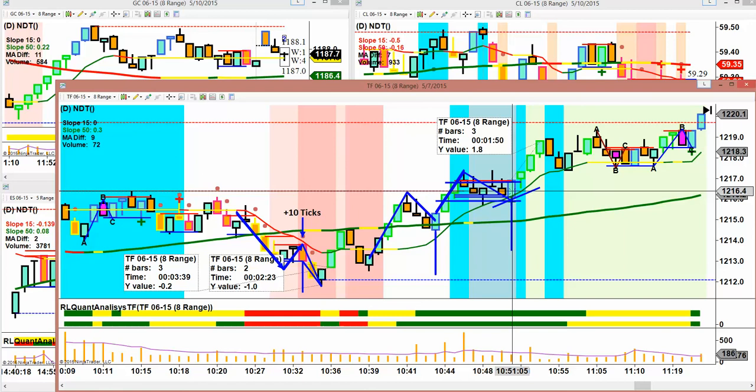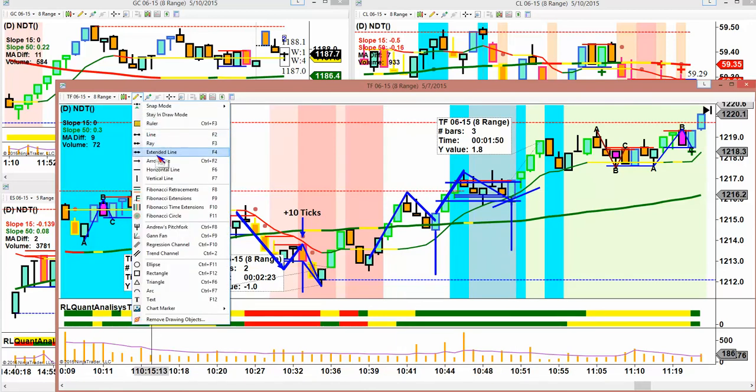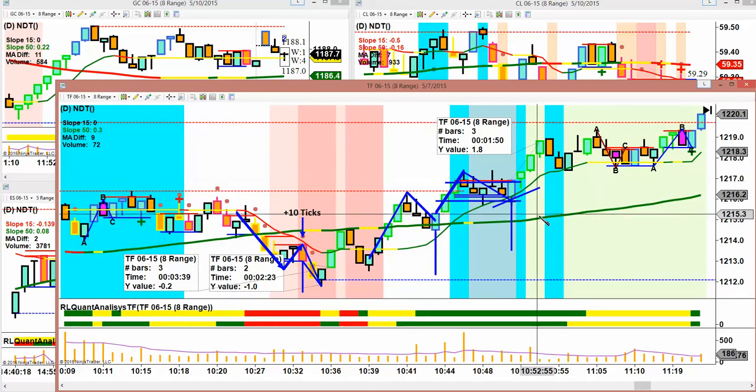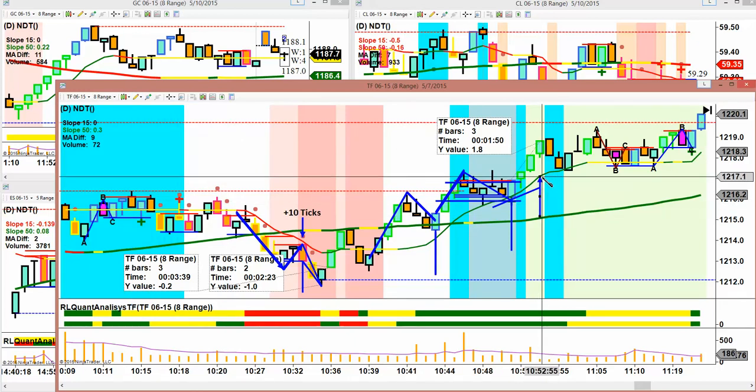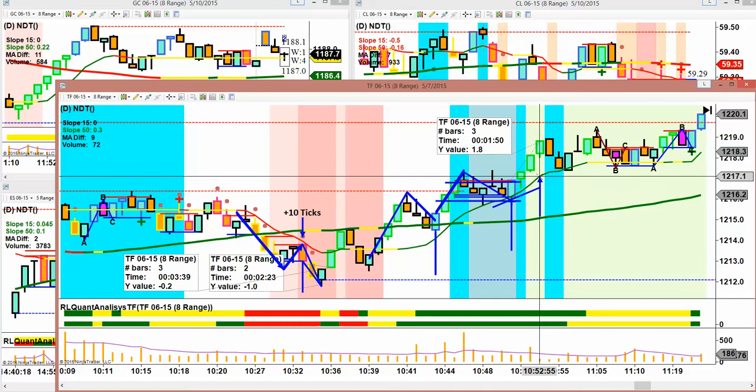But what we did find is when the space between the 15 and the 50 begins to get bigger and bigger, the market becomes overbought or oversold. We found that an entry where the MA diff, or the distance between the 50 and the 15, is 18 ticks or greater on an 8-range chart, that's where the predictive value of the entry began to fall. It falls a little bit if the MA diff is 20.